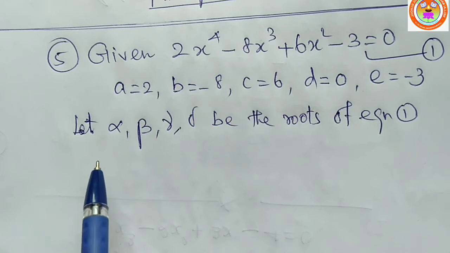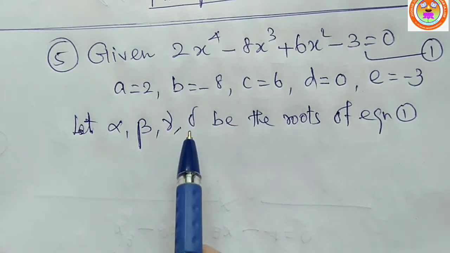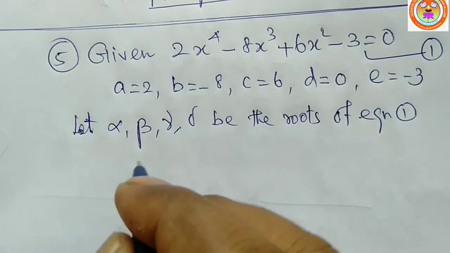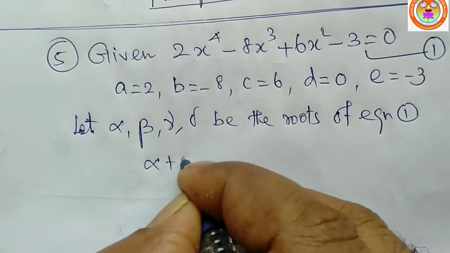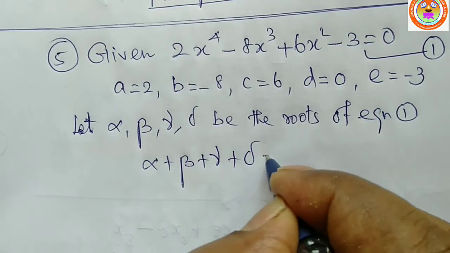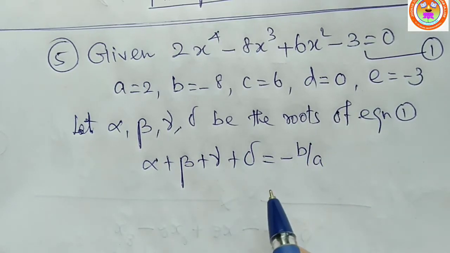Let us take alpha, beta, gamma and delta be the roots of this equation 1. So, alpha plus beta plus gamma plus delta is equal to minus b by a. This is our S1. S1 means sum of all the roots.